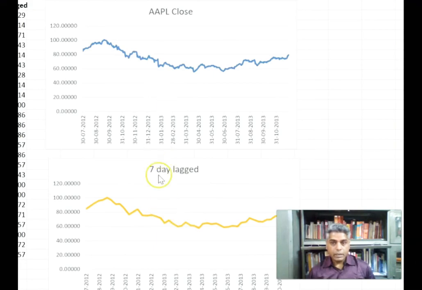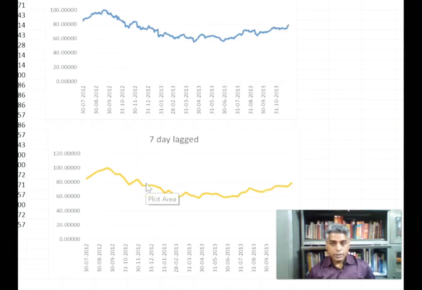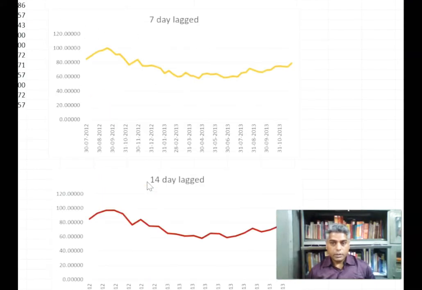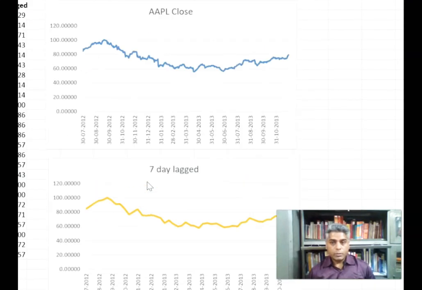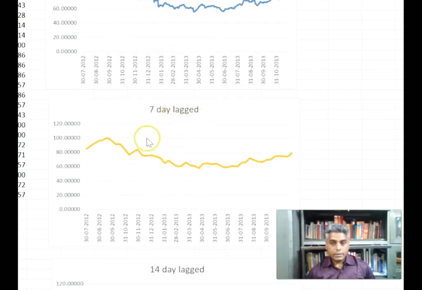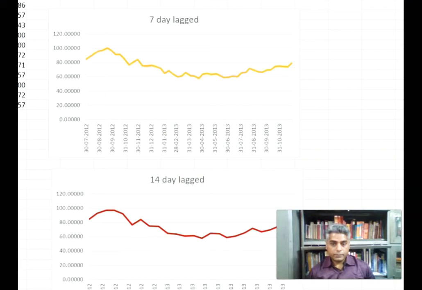That is, as the lag increases, the correlation or covariance decreases in general. There can be exceptions to this rule, but overall, the correlation or the covariance decreases as we move ahead from lag 0 to say lag 7 or say lag 14.